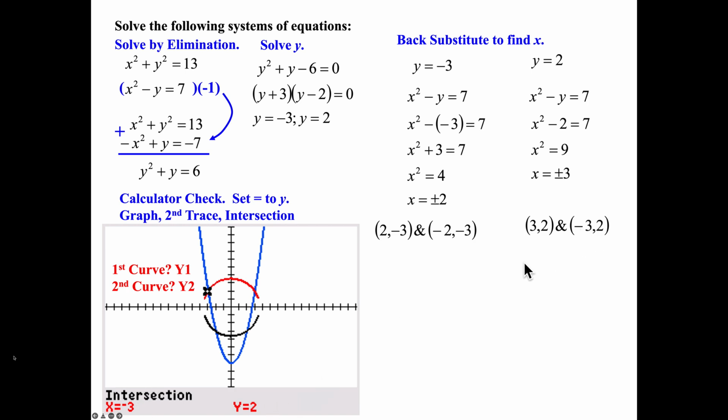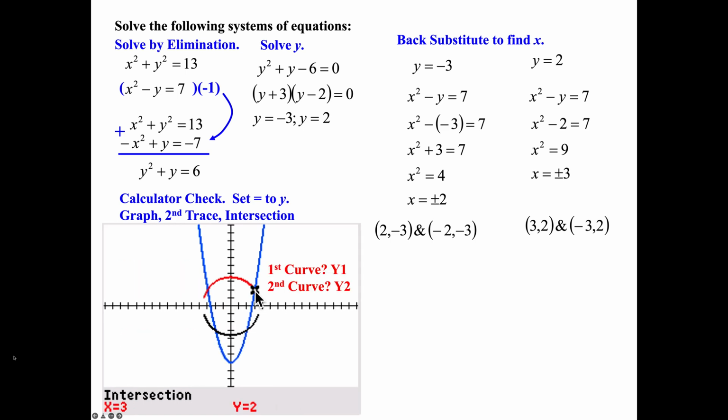That justifies this answer. Find over here on the right, come back here. Second trace, intersection number 5. First curve, enter for y1. Second curve, move your cursor over to here, enter on guess, you get 3, 2. That verifies this answer.